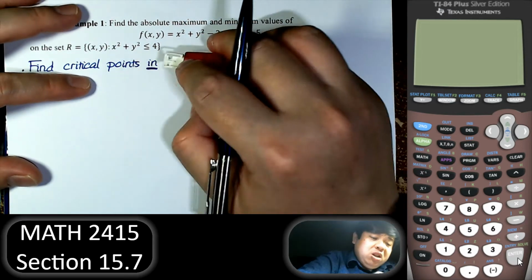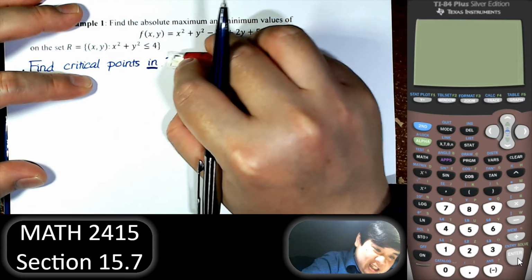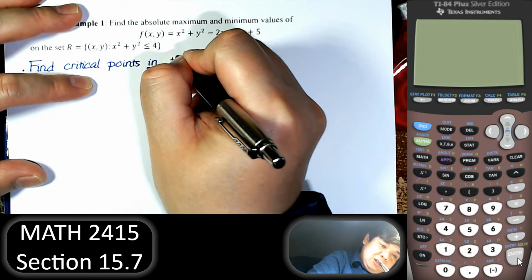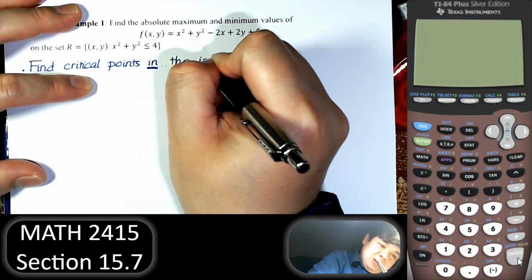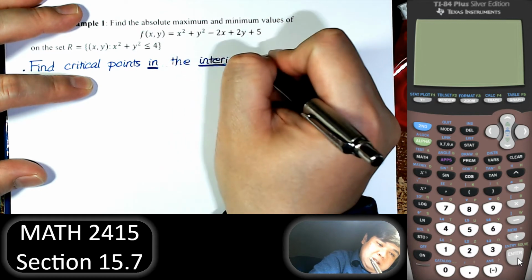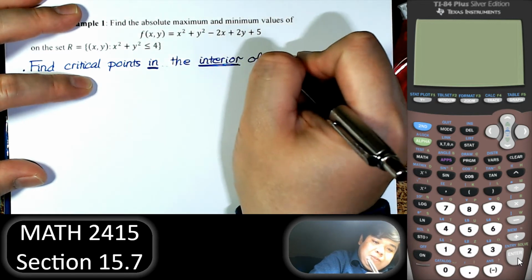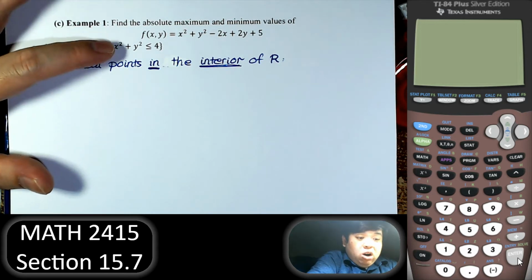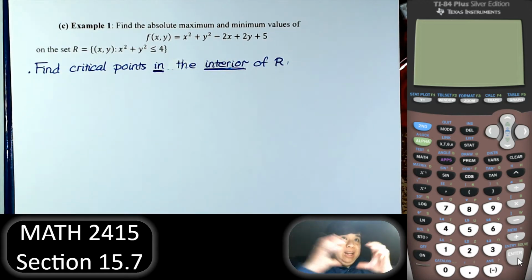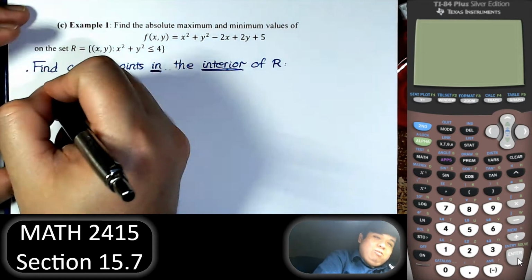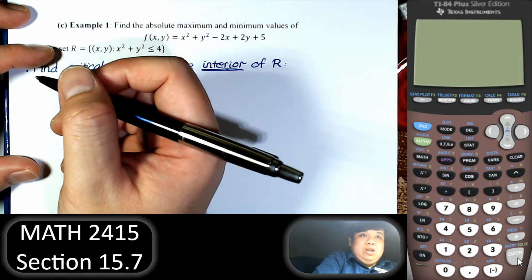Let's be a little more precise. Let's find the critical points in the interior of R. So we're not worried about the equal-to case. It has to be inside, so it has to be less than 4.